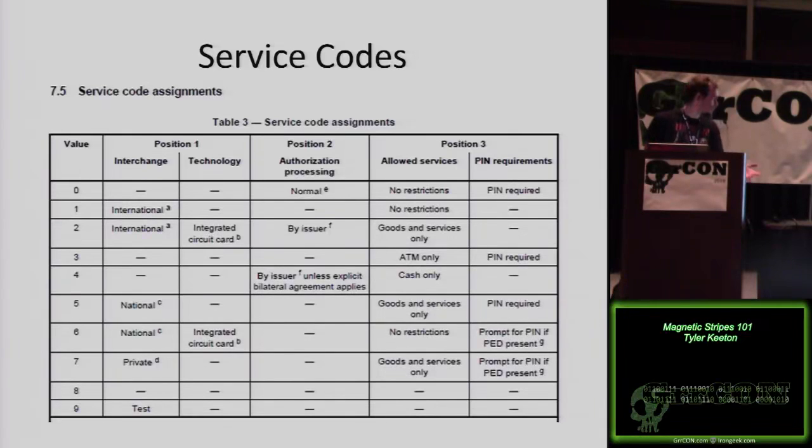If we look at 201, it's international, so I can use it wherever, but it also has an integrated circuit card, so it has a chip. Authorization is normal and no restrictions, so I can run it as debit or credit. 101 is the same thing, except it just says, hey, no chip.